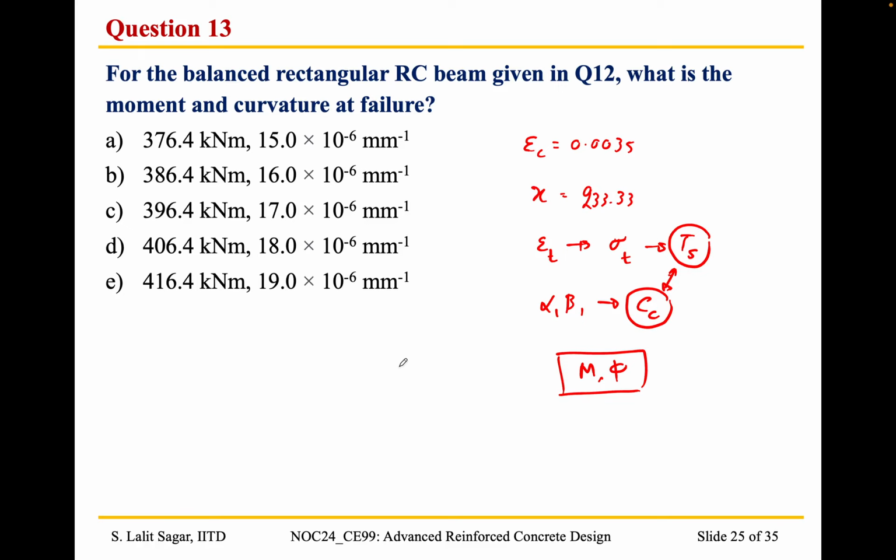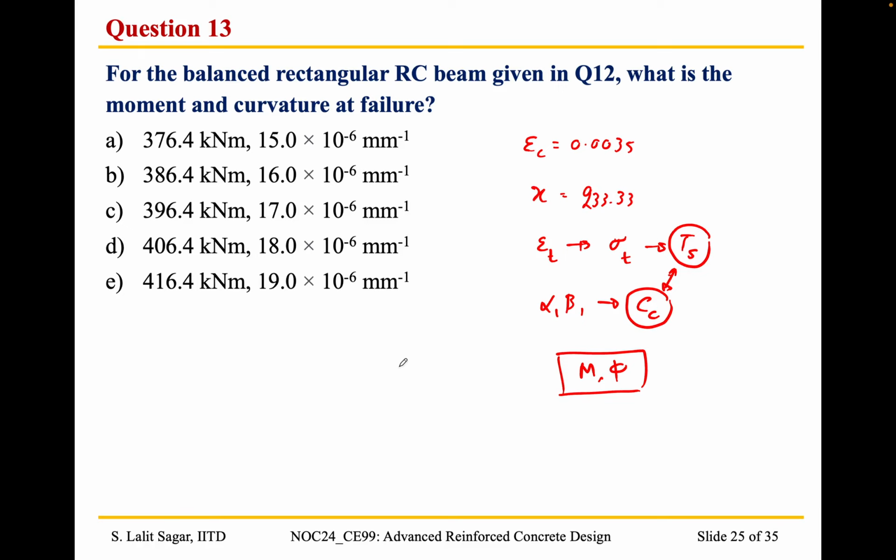So Ast for this case is 2552.1, and epsilon c is 0.0035, and the value of x is 233.3333 for better accuracy.